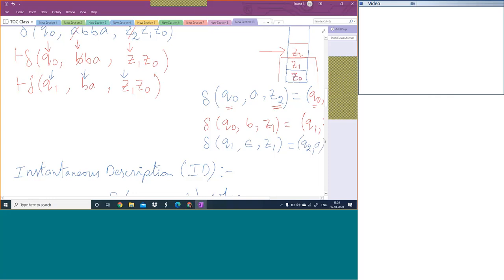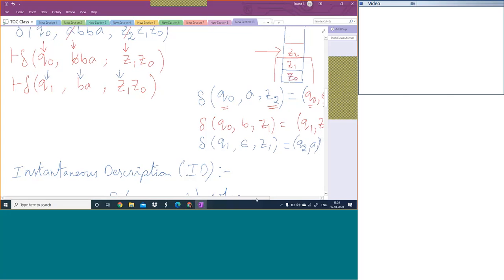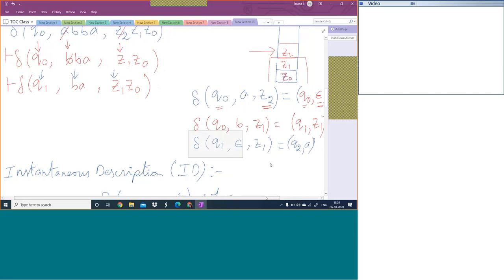I'm defining it like this. What is the meaning of this one? When the PDA is in Q1 and the input string is empty, no, it is not the meaning like that.